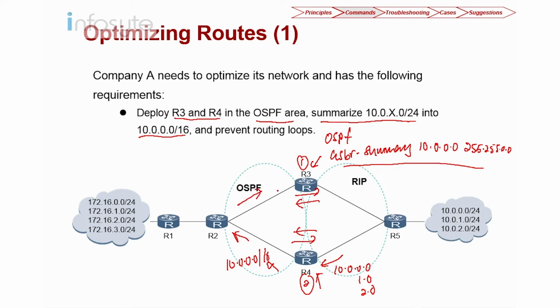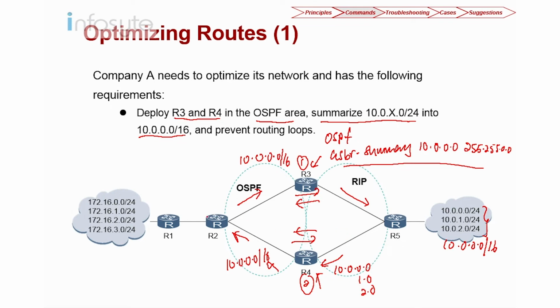R2 will advertise to R3. Now R3 receives 10.0.0.0/16 and imports it back into RIP. Now the first problem here is R5 will receive the detail routes plus a summary route.